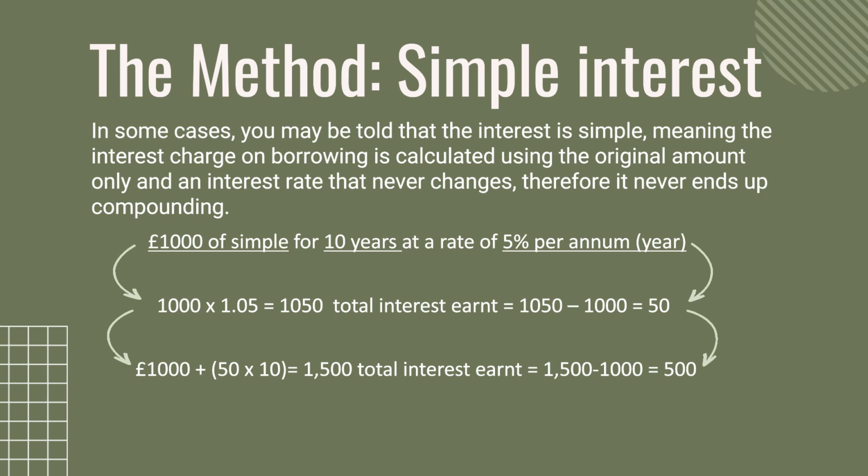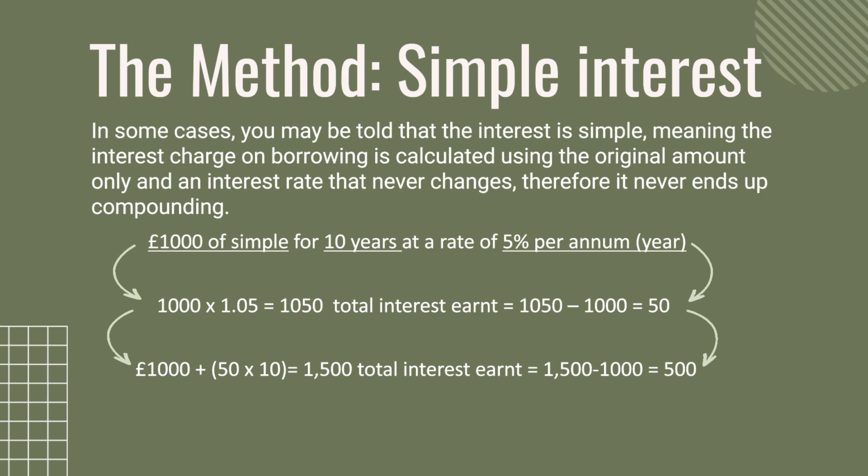For example, £1,000 of simple interest for 10 years at a rate of 5% per annum would find out 1,000 times 1.05 to equal £1,050, equaling our total interest earned of £50. We then times £50 by 10, plussing to our original £1,000 to equal £1,500.